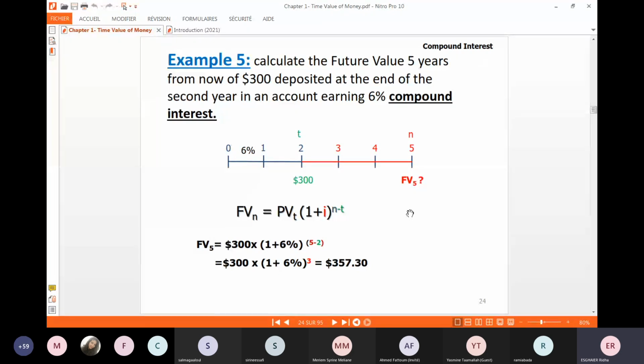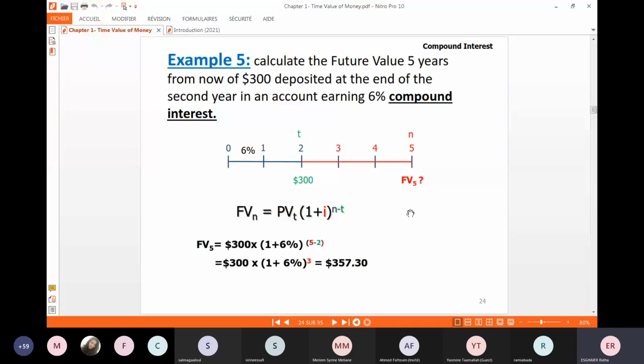Now, in real life, the simple interest is used when you invest your money on the short run or a period lower than 1 year. In this case, the interest is computed on the basis of the number of days of deposit, for example.